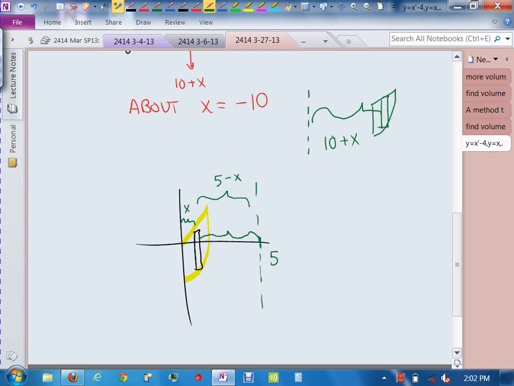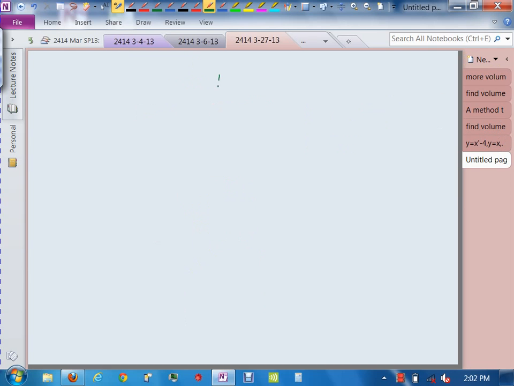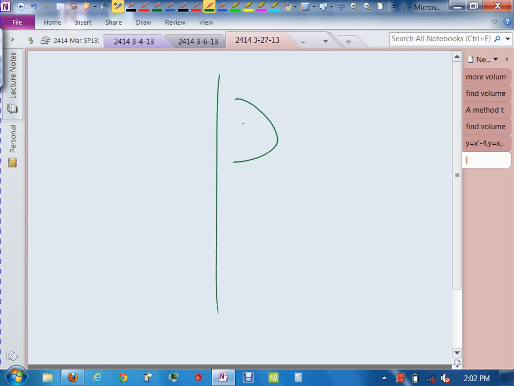Now, a problem that you would see like this on a test would be pretty much what I showed in class. I mean, you could take all of these things and apply the same principle to a region that went sideways, like this region, if I wanted to rotate it around this. See, you can't do that region with washers, can you?